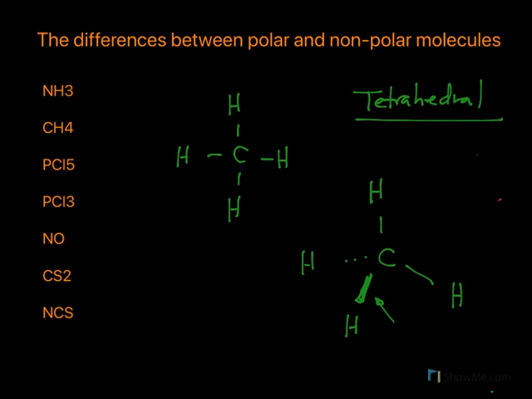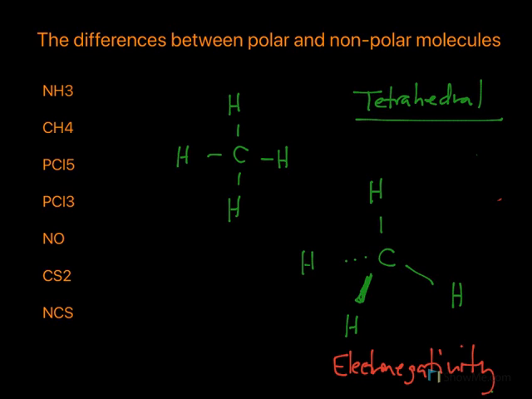So, as you can see, there is an even distribution of electron density because every single one of these carbon-hydrogen bonds has the same degree of polarization, meaning that, again, think of your electronegativity. That's very important here in designating polar and nonpolar bonds.